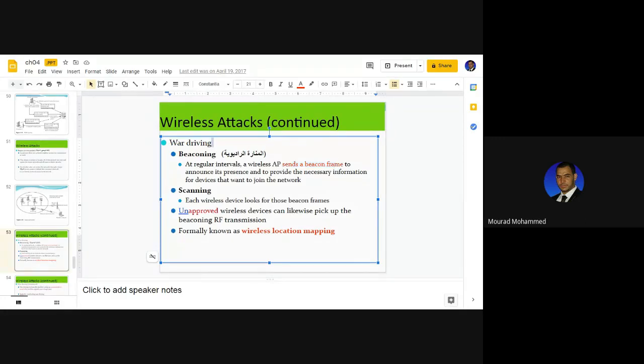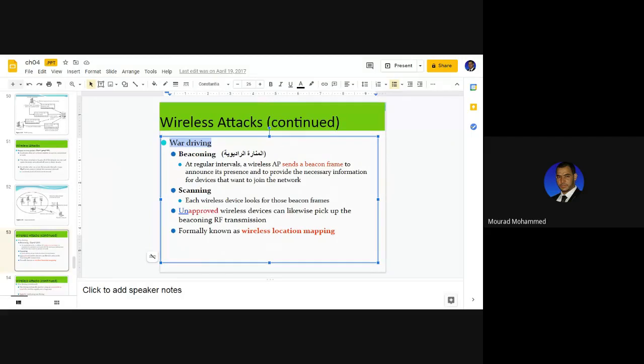It is war driving because searching for wireless devices in a private area is illegitimate, not legal. You get into, for example, Sultan Qaboos University, and you are not a student or member of the university, and you search for the wireless there. You are doing war driving.